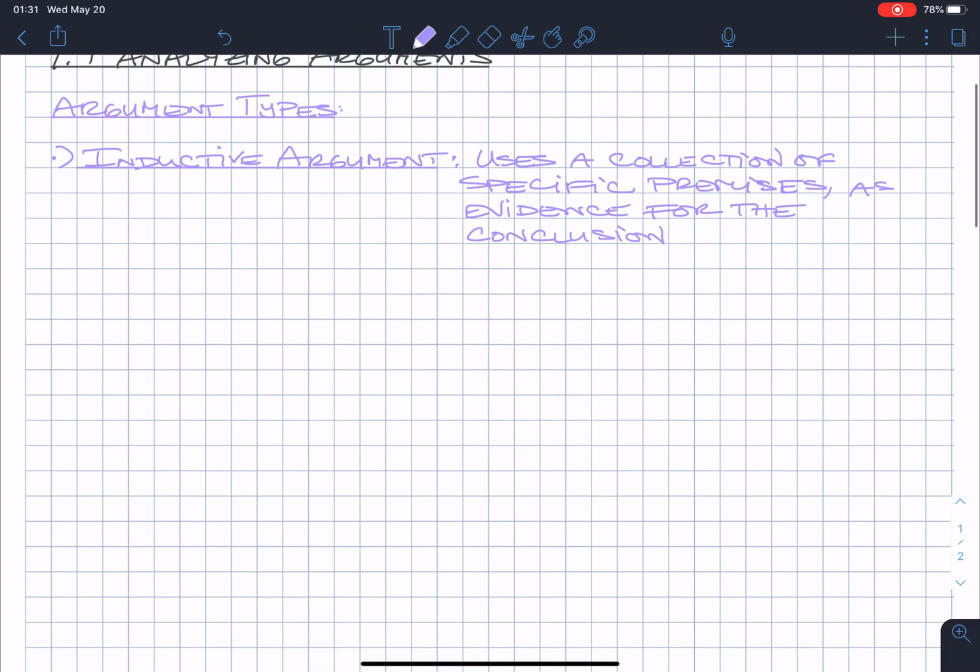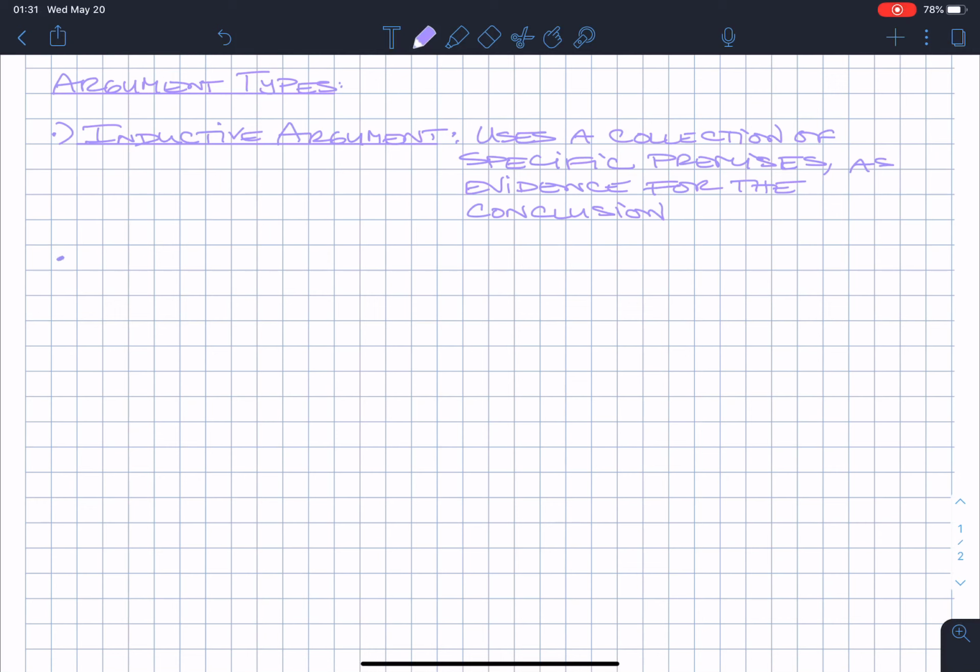And the second type of argument that we will deal with here is called the deductive argument.